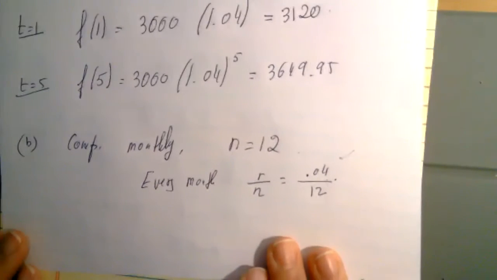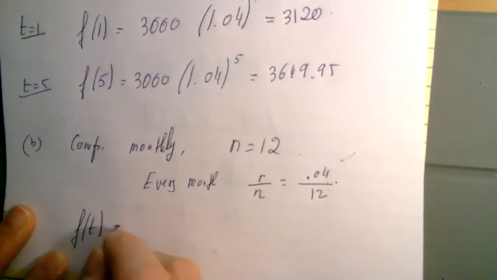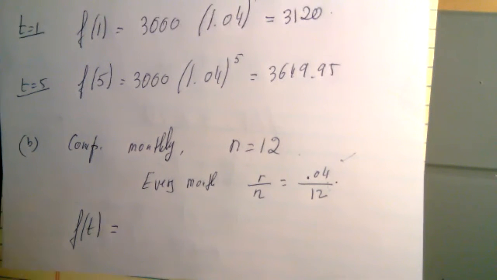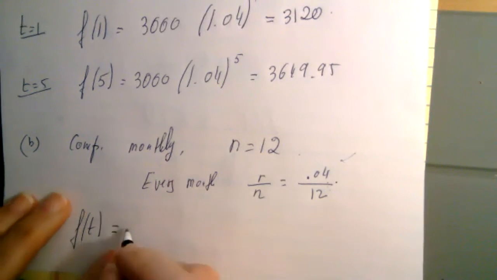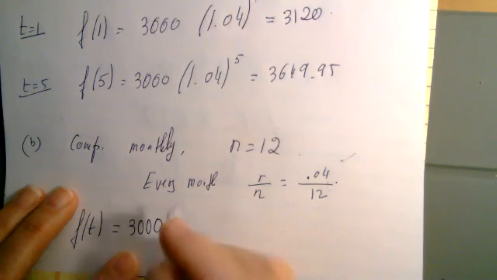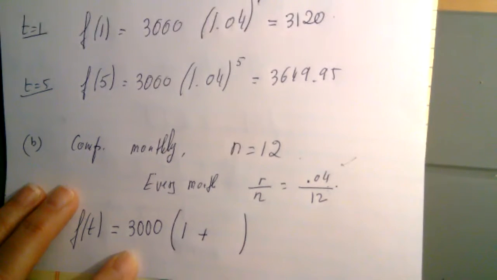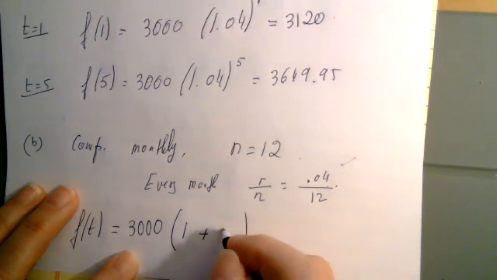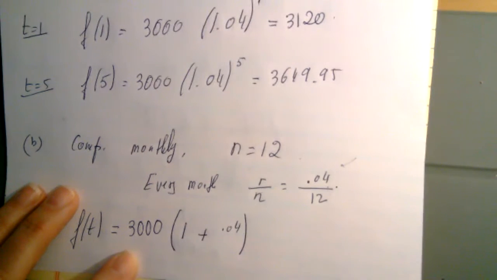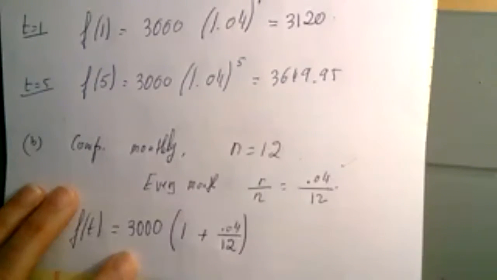Now, what's the formula? What is f of t? I want to apply it verbatim. It's P, the initial amount, nothing is changing, times 1 plus R, which is 0.04, divided by the number of compoundings, 12.